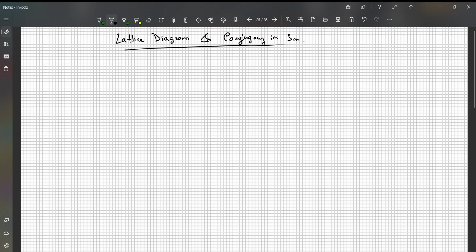Okay. So the concept of a lattice diagram. Before moving on to the concept of a lattice diagram, we first emphasize two very important topics related to the order of an element in a finite group. Let me just state this as a lemma.